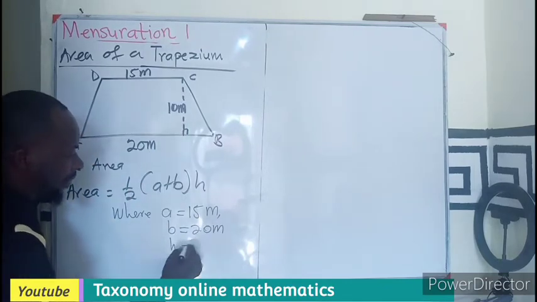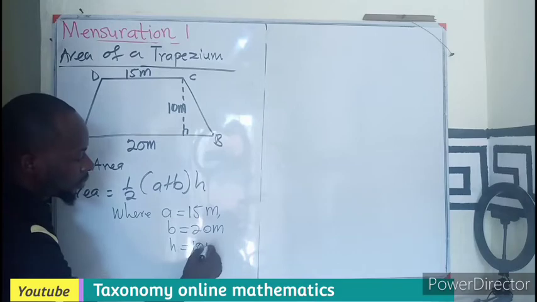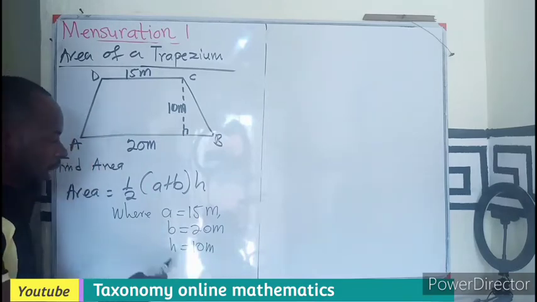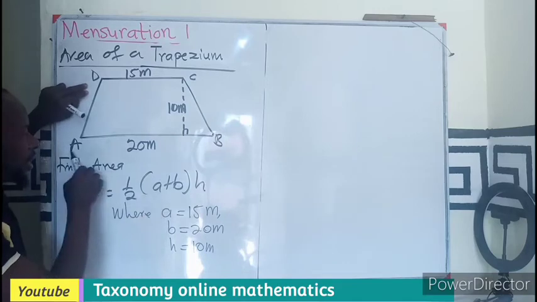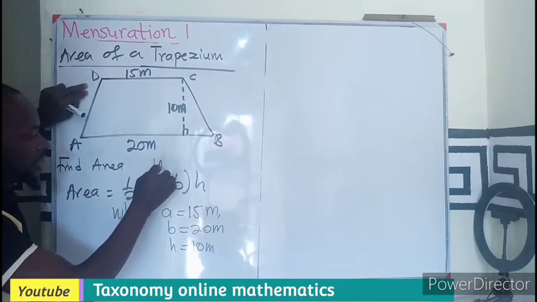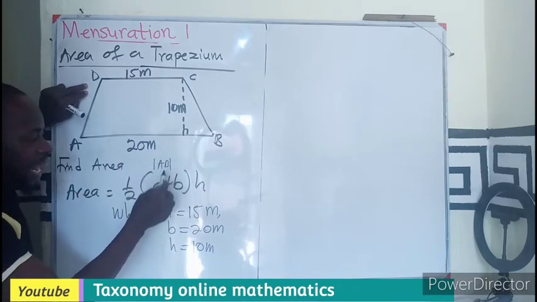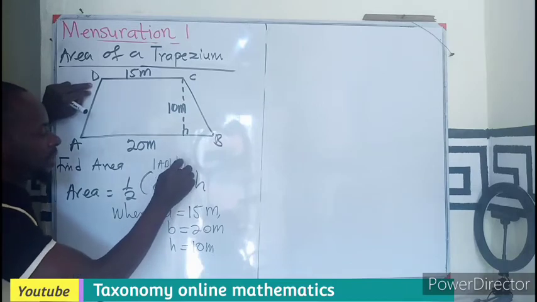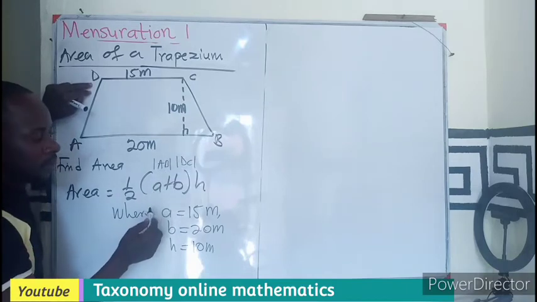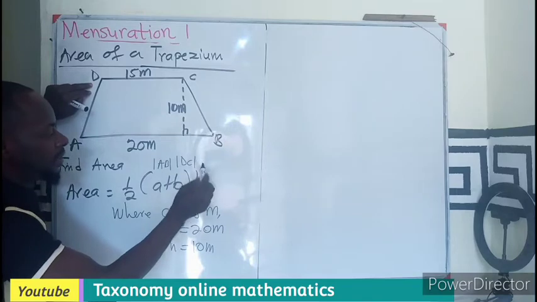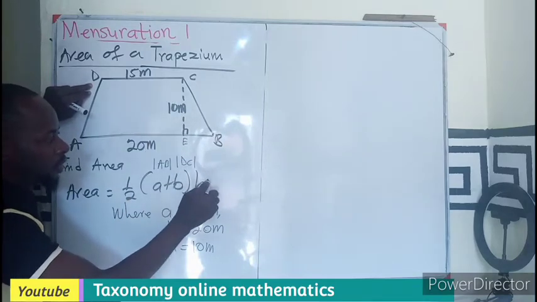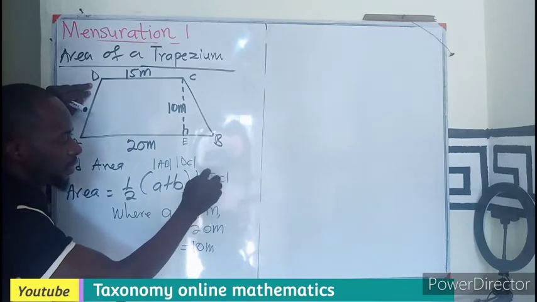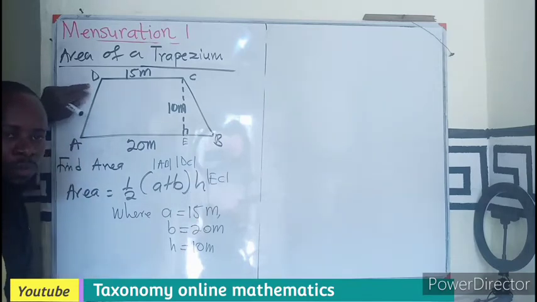Then the height will be 10 meters. Don't forget, we can also use the description of the side as line segment AB plus line segment DC times line segment. You can introduce a variable, so that will also give you EC, but the formula still holds.